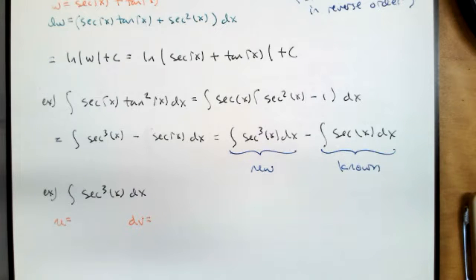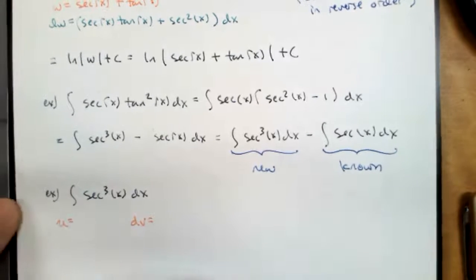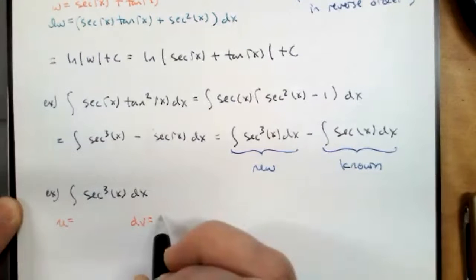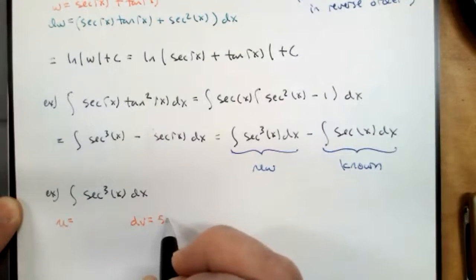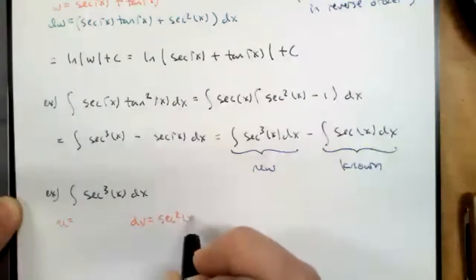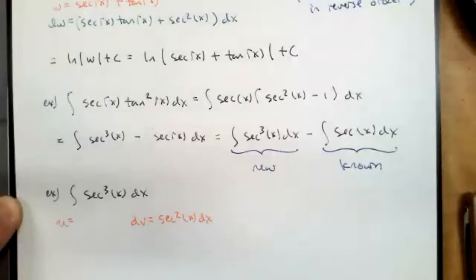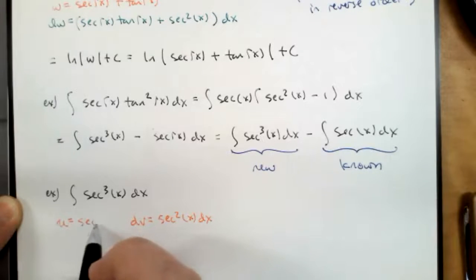So what might make things better is to put secant squared in the dv slot, because the integral of secant squared is tangent. Then I'm just going to have some combination of tangents and secants. So that's pretty good. dv has to be something I can integrate, and I can integrate secant squared x. That leaves for u secant x.